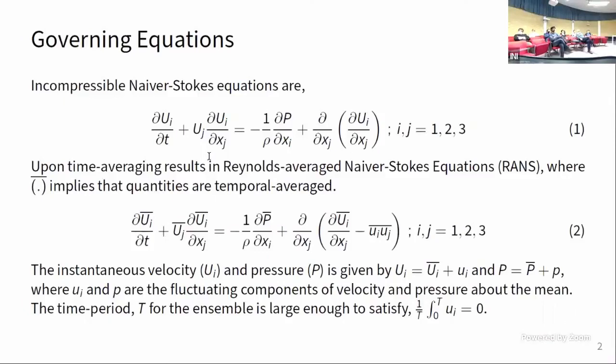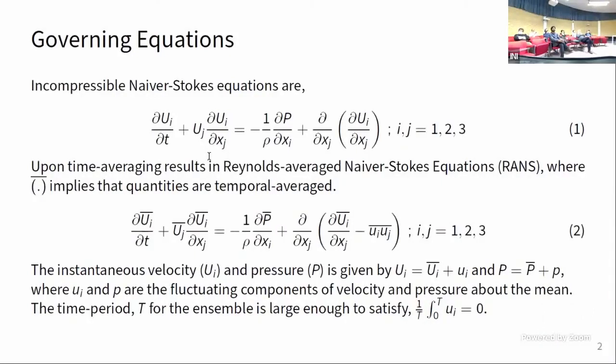So one primary motivation was: if we cannot solve Navier-Stokes and we want to make it computationally cheaper, why not directly look into the mean fields? When I say mean fields, that implies that it is temporally averaged. So Osborne Reynolds took the Navier-Stokes equation and time averaged the whole equation, and that led to equation number 2 on the slide, which bears his name, the Reynolds-averaged Navier-Stokes equation.